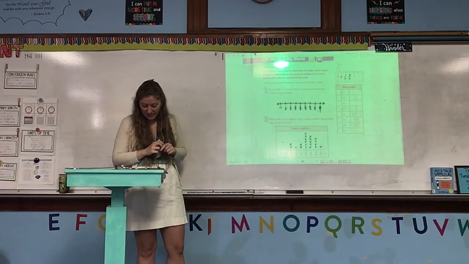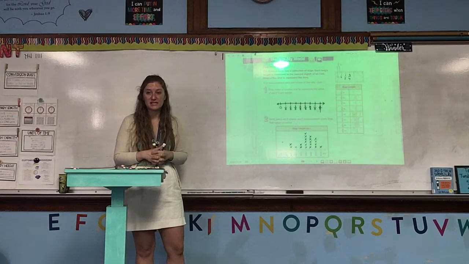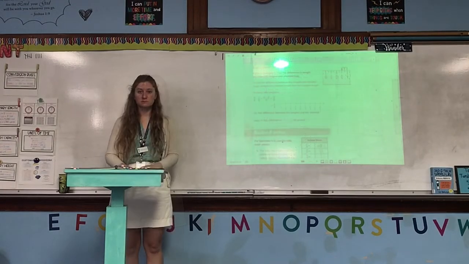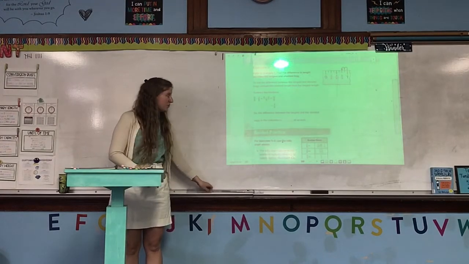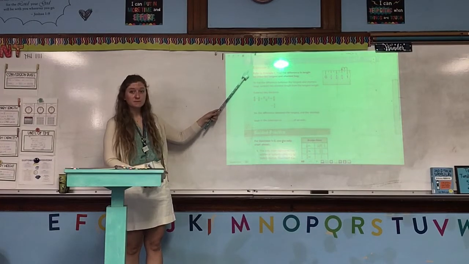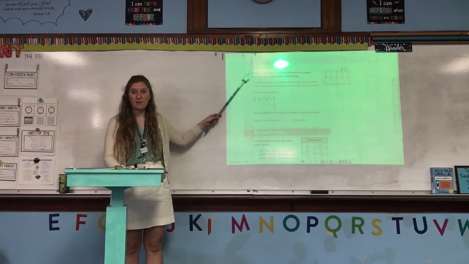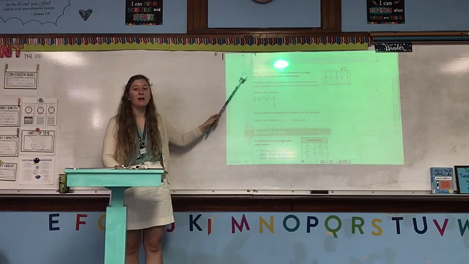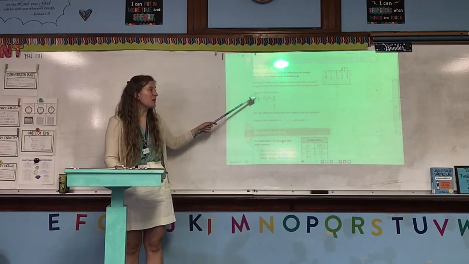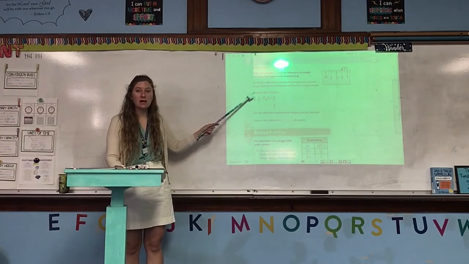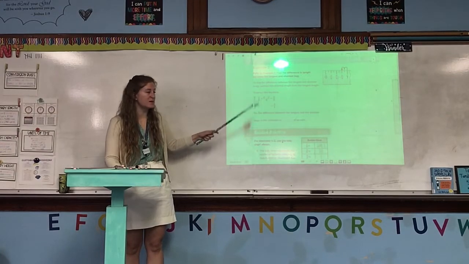Okay, so now let's go ahead and go on to example 2. Okay, so finger a pencil on example 2. This is an example of another type of problem we will be coming across today. In this problem we will not be creating a line plot, but we will be using the information on a line plot to answer.